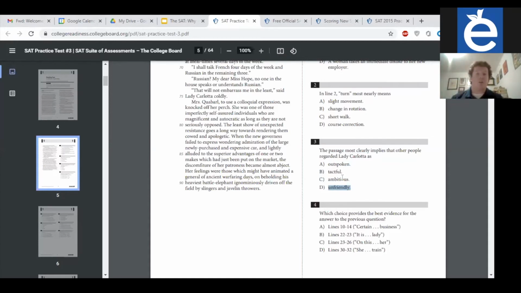We want to look for what we cannot possibly say no to. So if you have evidence to support it, then you can select it. That's why I like to start with the evidence, because if there's evidence in the text to support your answer, it has to be correct.